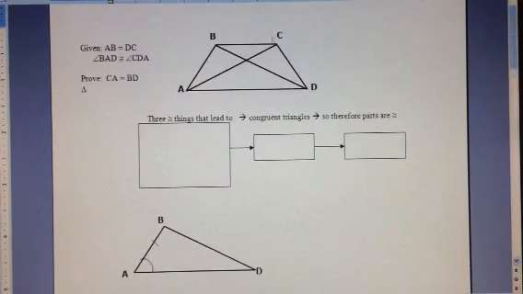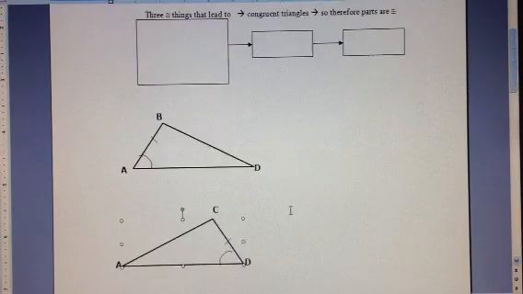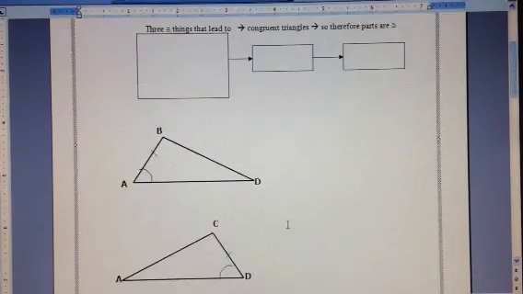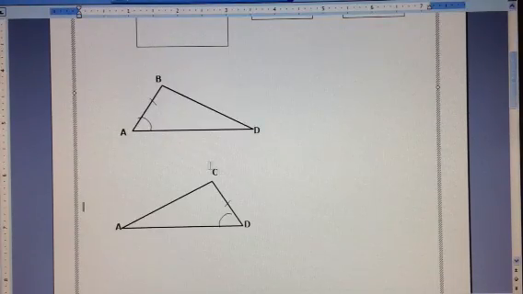Instead of being confusing looking here, they're separated and it's easier to look at. And we can see from this drawing that we're given AB and CD congruent, and angle at A and angle at D congruent. And then it's pretty obvious just by looking at this that they both share side AD. And that's going to be the third thing.